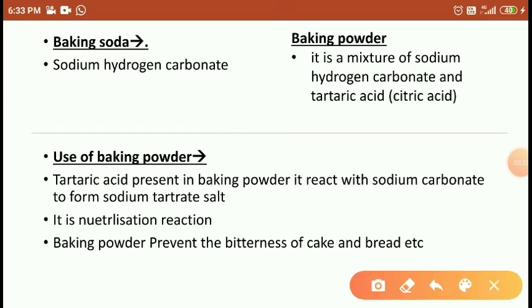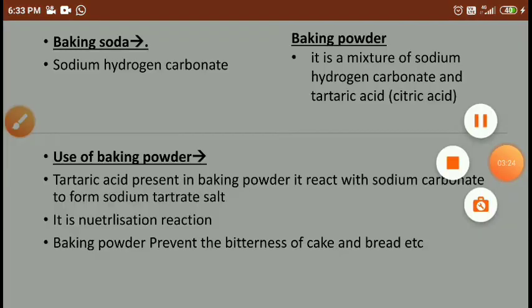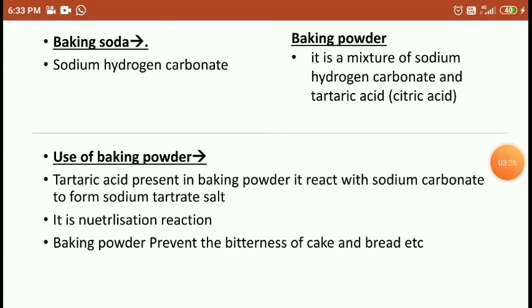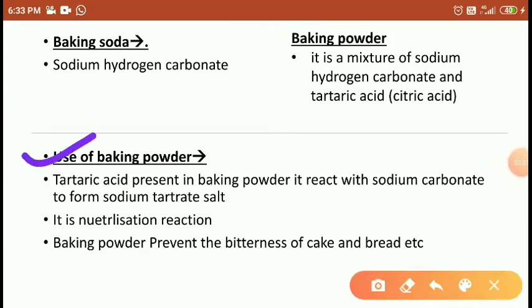So next are the uses of baking powder. The tartaric acid present in the baking powder reacts with sodium carbonate to form sodium tartrate salt, right students?